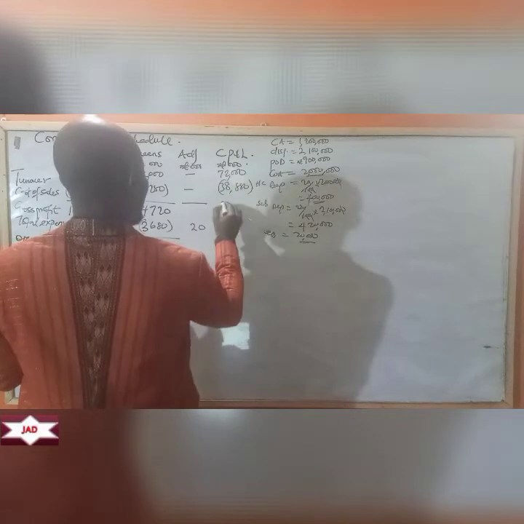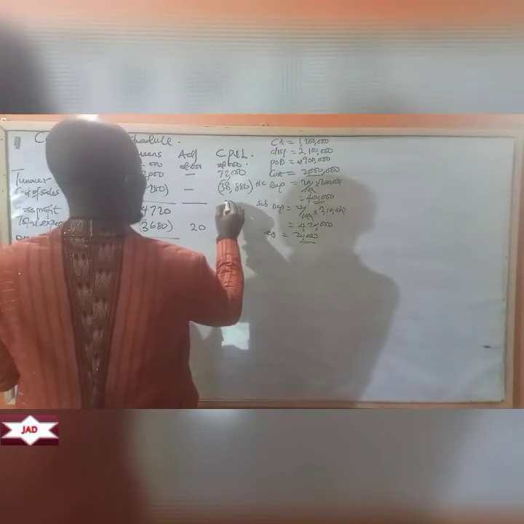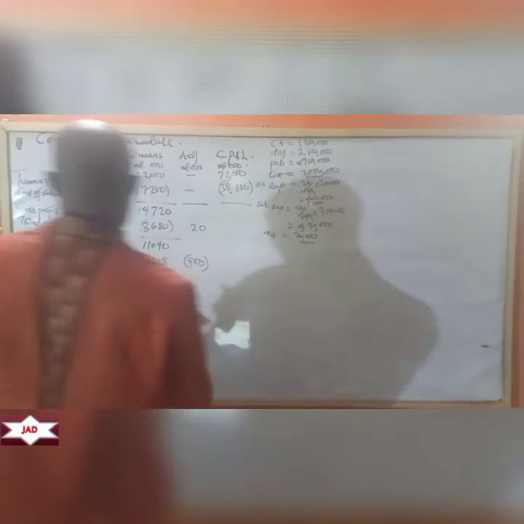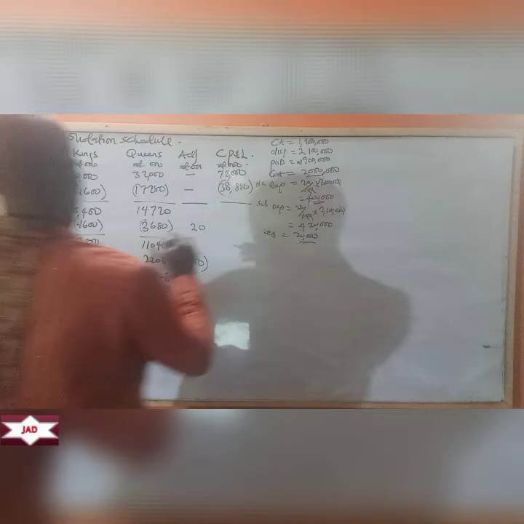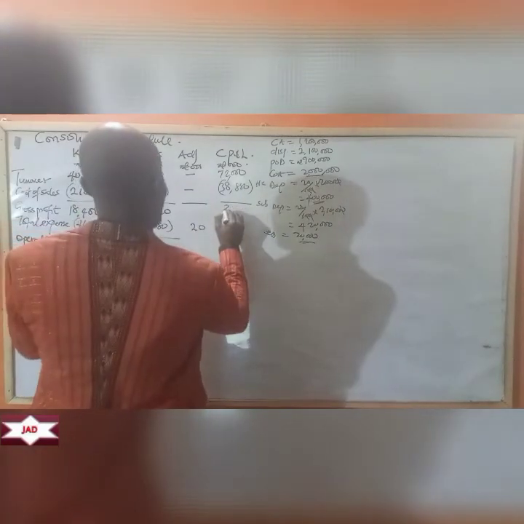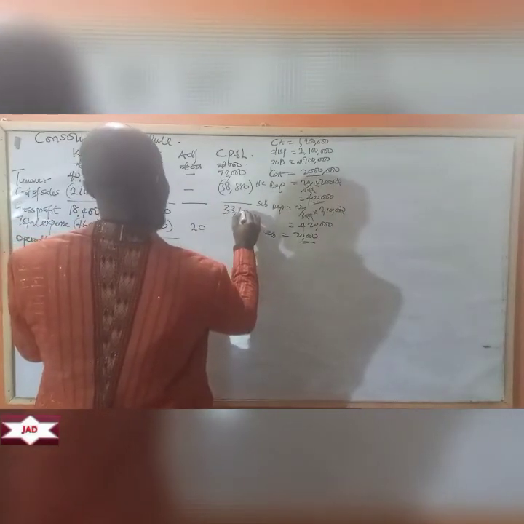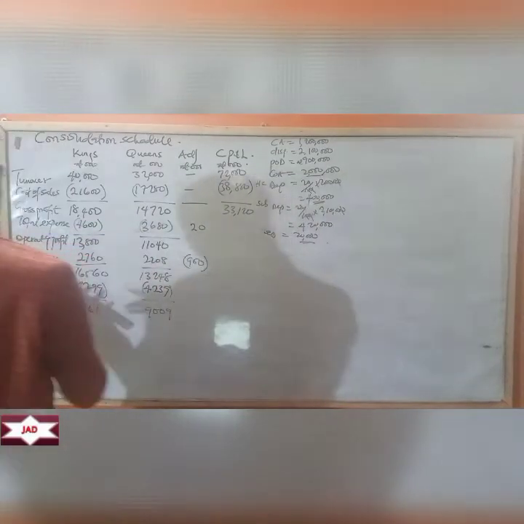So when we take this out of 72, what do we have? We have 33,120. So let's check it at this level.